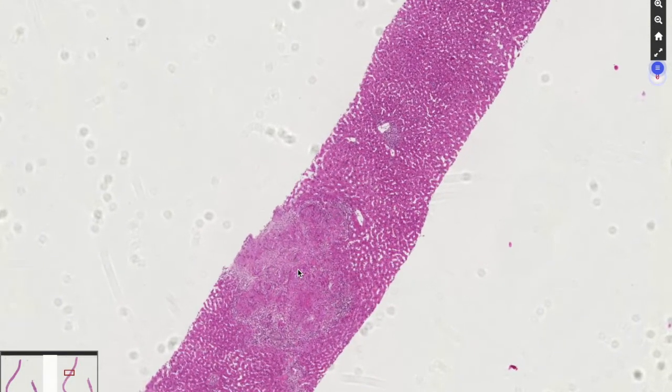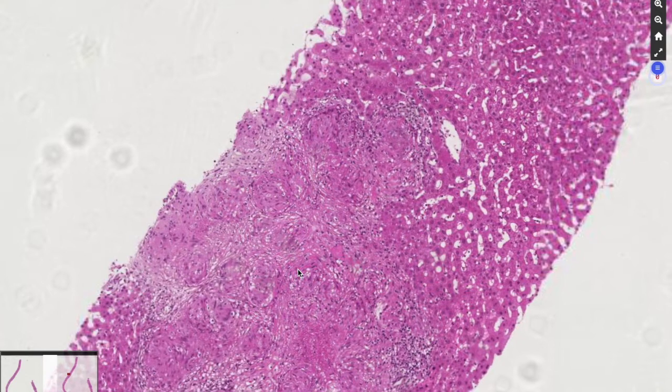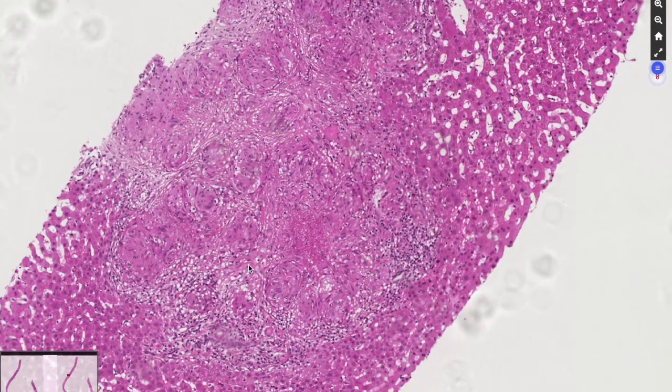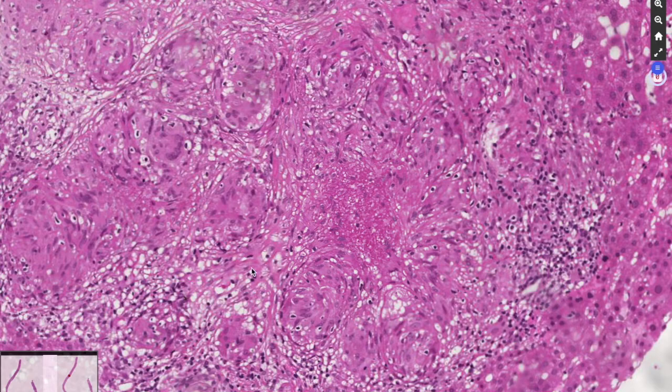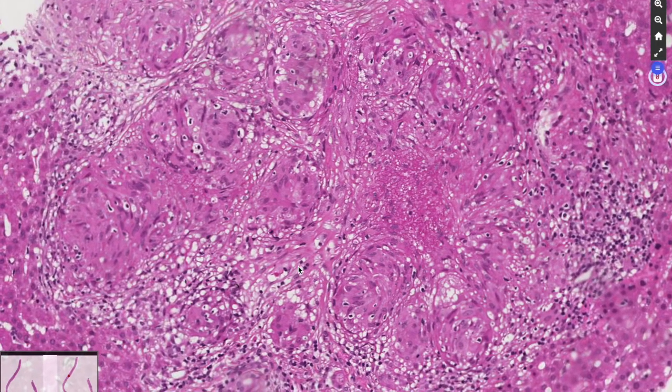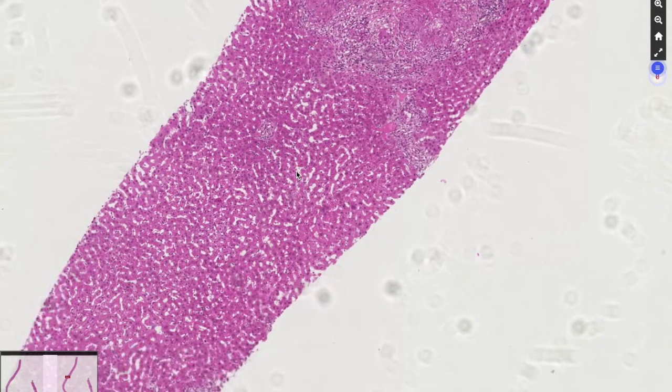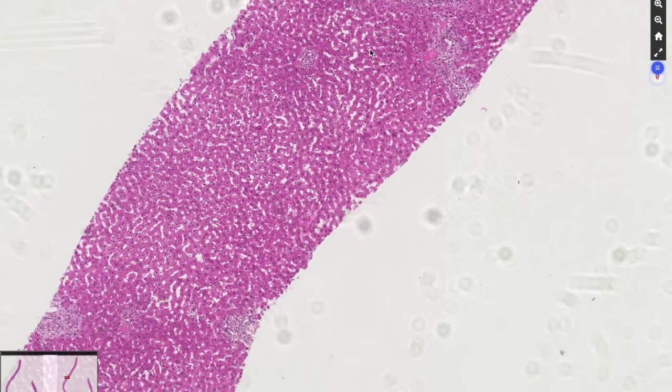Here, probably a large portal tract that has been enlarged by the numerous granulomas. It's hard to identify the former structure and the former components of the portal tract.